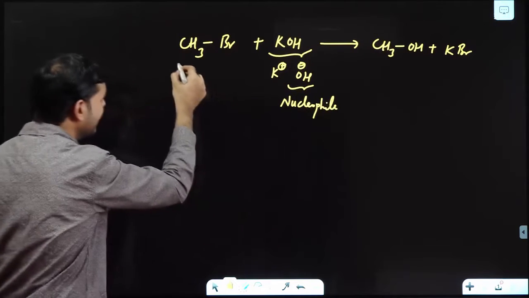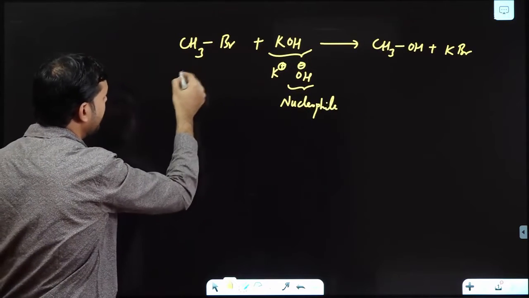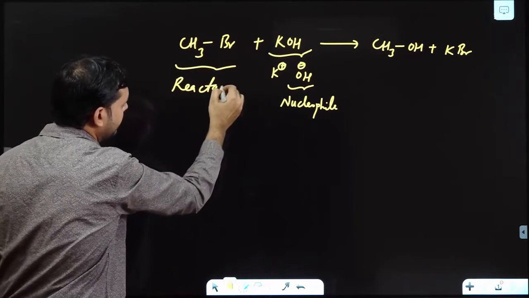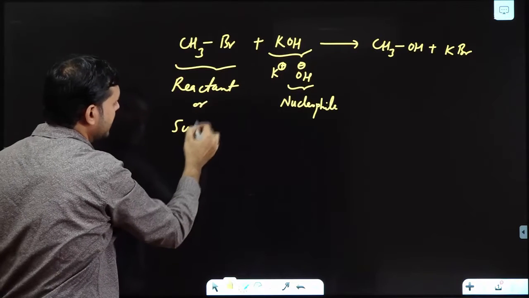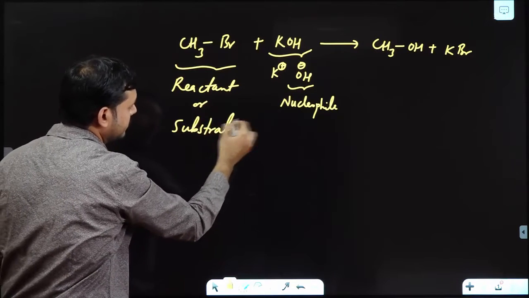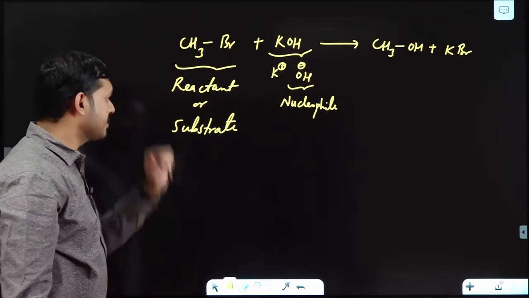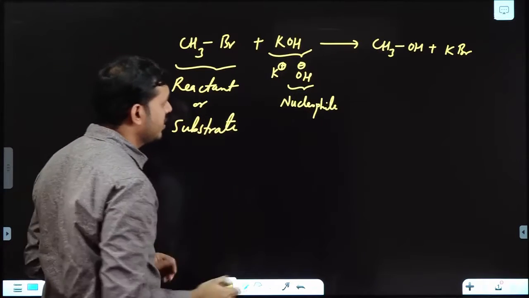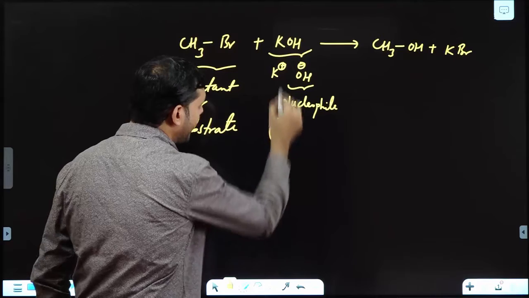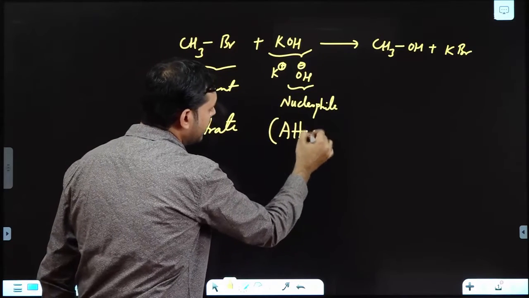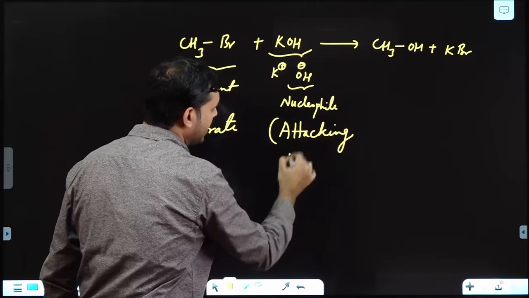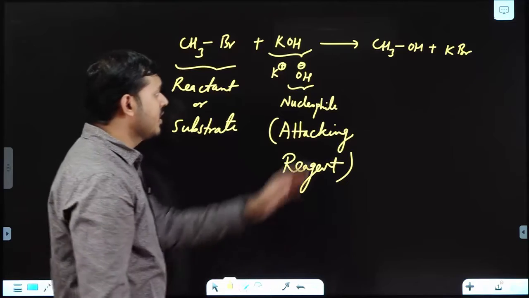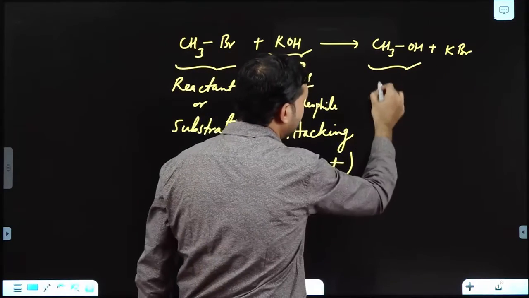This is bromomethane, so this is our reactant. Reactant is also called a substrate. Clear? Reactant or substrate. Now when this reactant is reacted due to this nucleophile, this nucleophile is an attacking reagent. Then this methanol is our product.